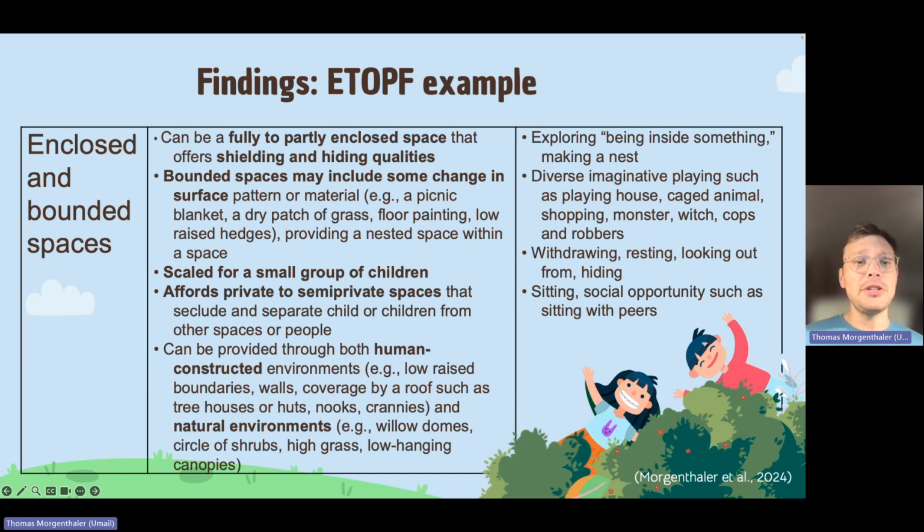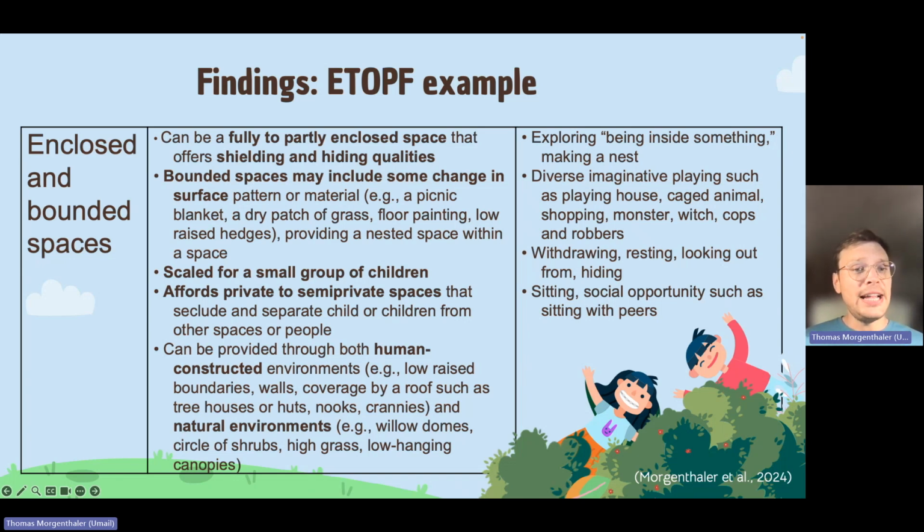It is a bounded space that may include some change in surface pattern. For instance, that could be a dry patch of grass that gives the child the impression of a space in a space. It is usually scaled to a smaller group of children, meaning that, for instance, I can be together with my best friend.